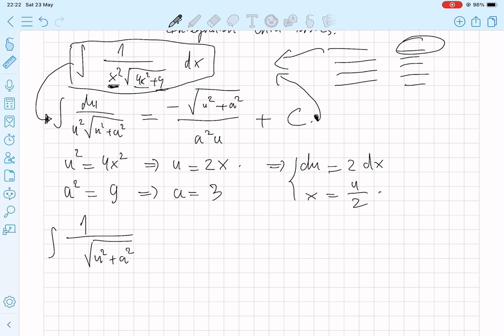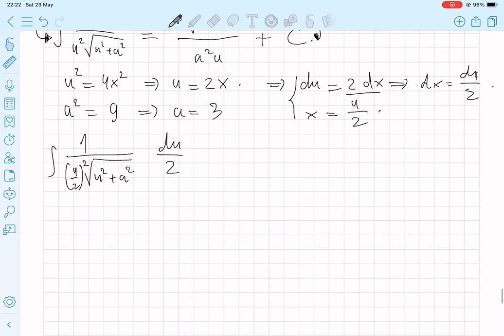So 9 equals a squared, so I go ahead and make a substitution for that. And for x squared, because x equals u over 2, x squared will be u over 2, all squared. Then because du equals 2 dx, dx is equal to du over 2. So I substitute all of that into the problem, and then I will simplify.